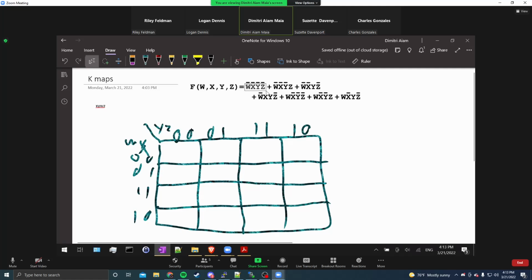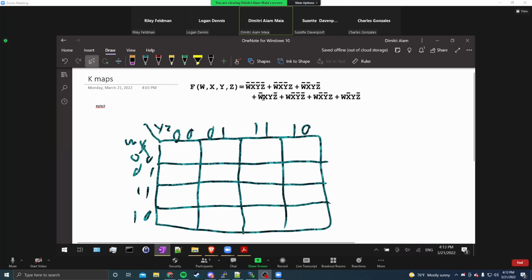How do you call these things? Terms. The bars? I would call them not. W not, X not, Y not, Z not. He calls them W bar, Y bar. Using bar and not is interchangeable; they mean the same thing. Okay, so we need to write these terms down where the map is.